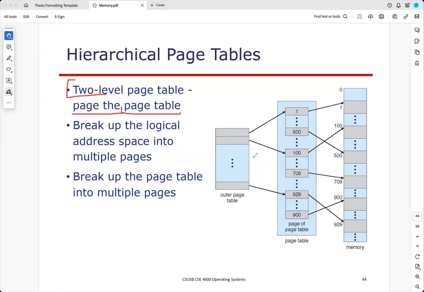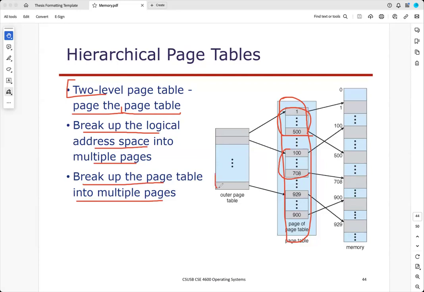Assuming this page table is too big, we divide it into smaller partitions, into pages. So we break up the logical address space into multiple pages, and we break up the page table into multiple pages.